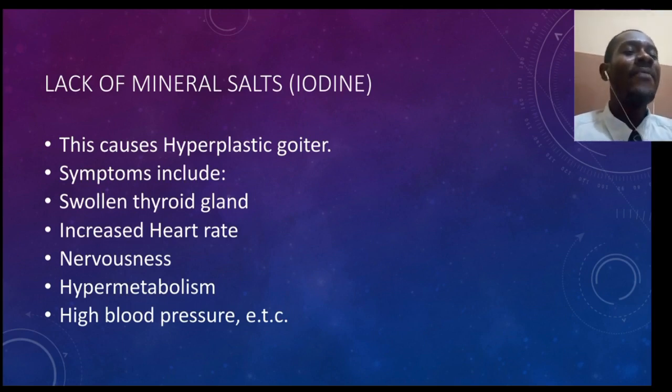Iodine is very important in the functioning of the thyroid gland. The thyroid gland is inside our neck region, and it helps us to metabolize carbohydrate for growth and other protein materials. The carbohydrate will supply the energy, the protein material will supply the raw material with which we'll grow and increase in size and weight.